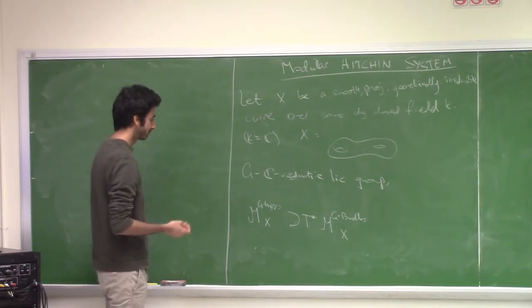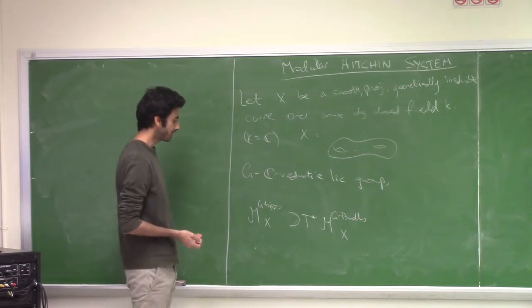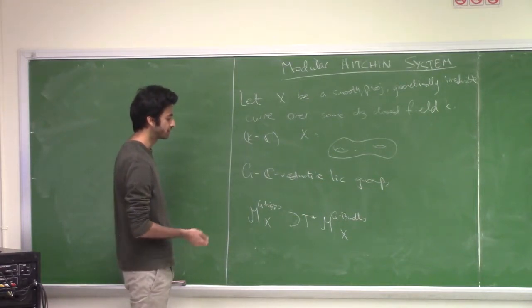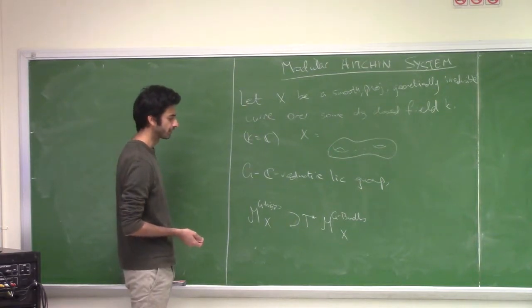There's too much to be said about these spaces. They show up everywhere. And classically speaking, G equals C star was the first case, where we just look at the Jacobian of the curve.